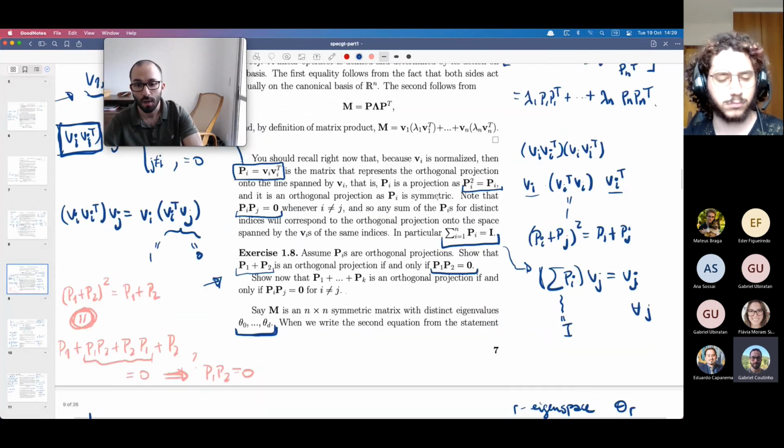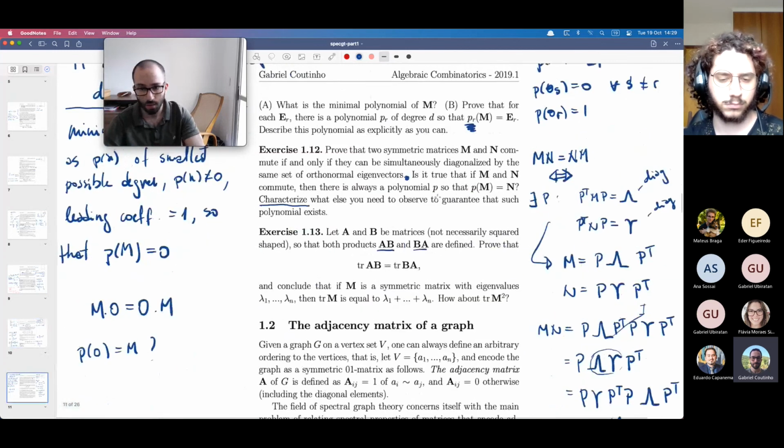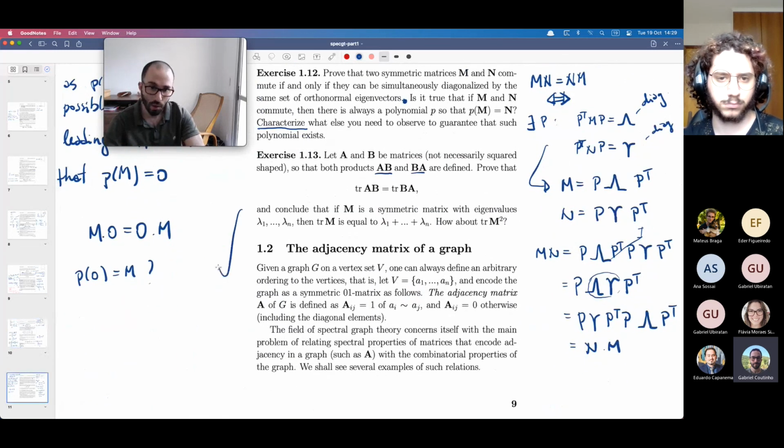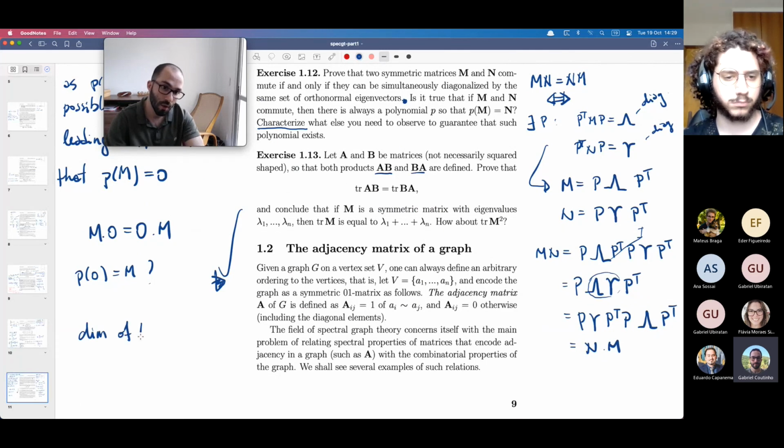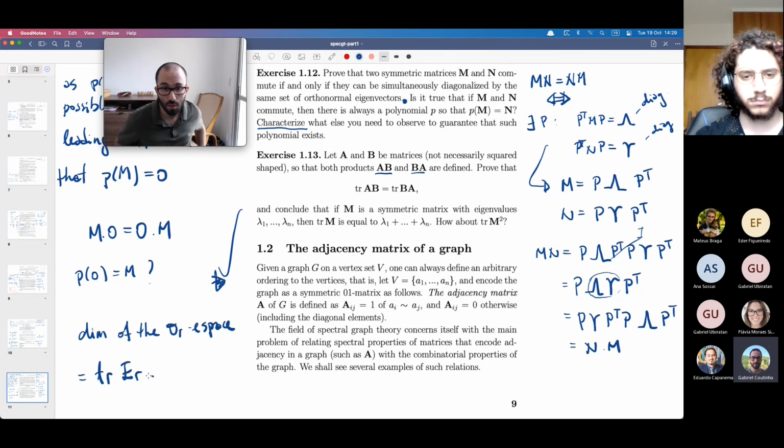And in fact, as a consequence of this exercise, I want you to also realize that the dimension of the theta r eigenspace is equal to the trace of this projection matrix.